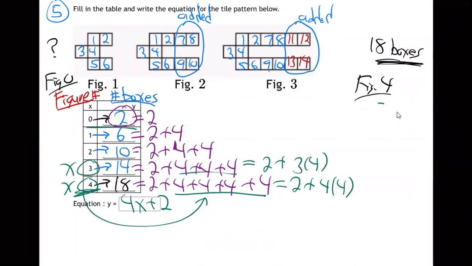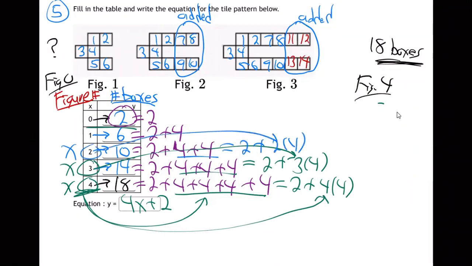And there's a 3 for x, and there's a 3. Here's a 4 for x, and there's a 4. Do you see the pattern? And this is an x of 2, and what do we have? 2 4s. This is 2 plus 2 4s. You see how the x number tells you how many 4s? Even right here, x is 1, there's 1 4. X is 0, there's no 4s.